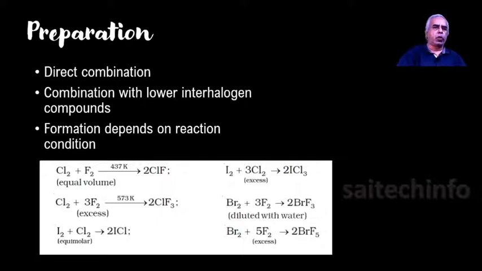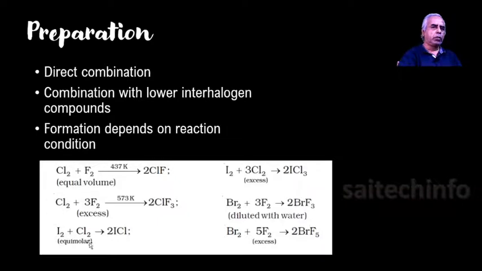For example, when chlorine and fluorine are mixed in equal volume at 437 Kelvin, we get 2 moles of chlorine fluoride. Similarly, Cl2 plus 3 moles of fluorine in excess at 573 Kelvin gives chlorine trifluoride.